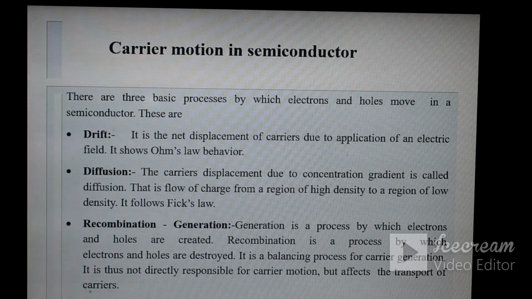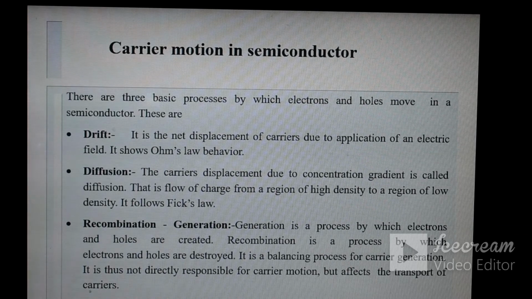As far as carrier motion in a semiconductor is concerned, there are basically three basic processes by which electrons and holes move in a semiconductor. These are drift, diffusion, and the recombination generation process. Drift, what is drift?